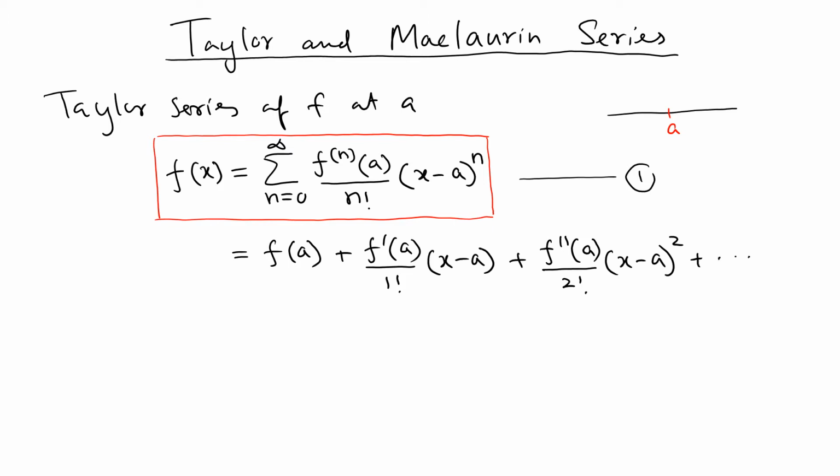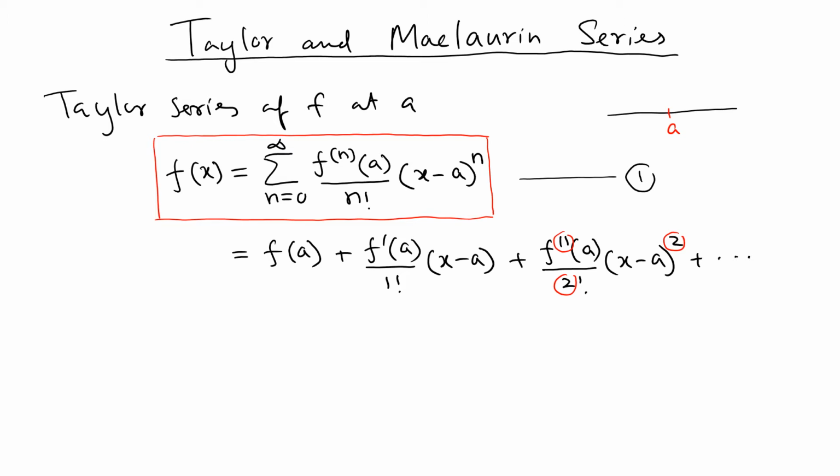You can see these three numbers are always the same: this is the second derivative, this is 2, that is 2. Then we have 3, 3, 3, 4, 4, 4, like that. That's the format of the Taylor expansion.